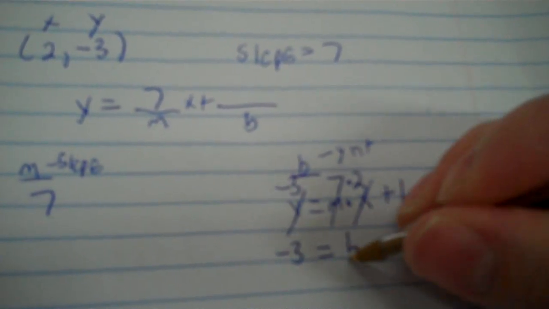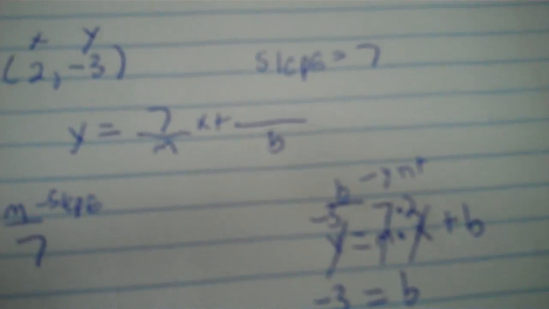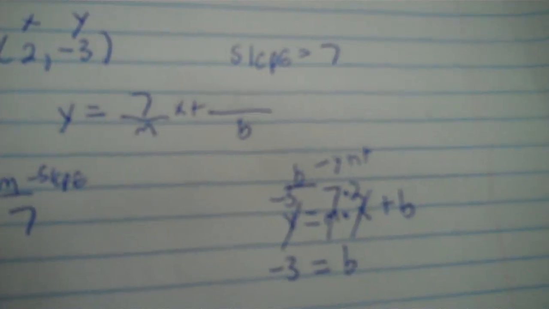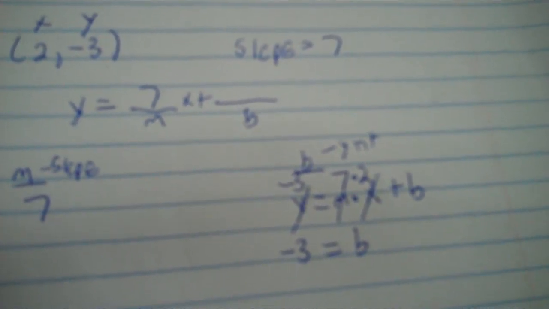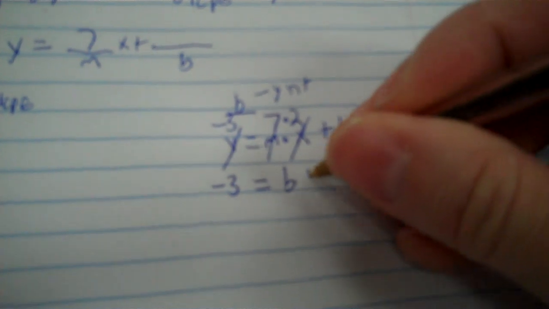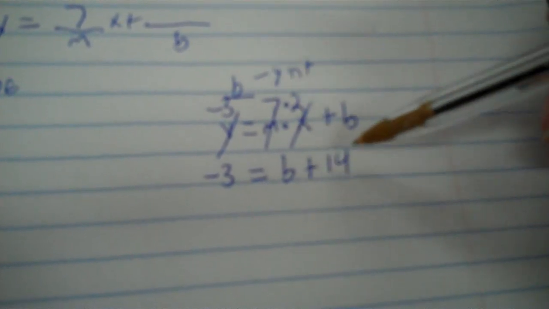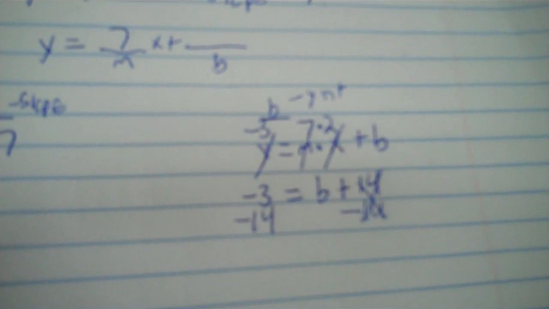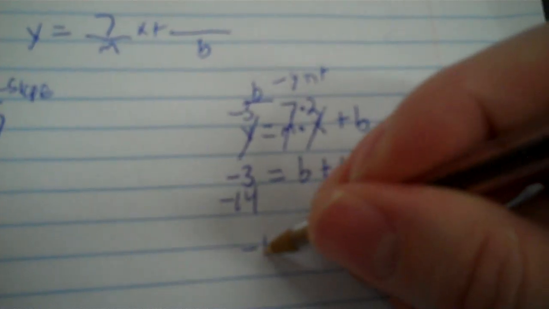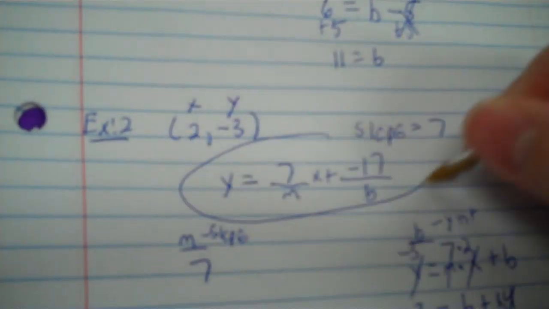Then write the b first, then find what 7 times 2 is. 7 times 2 is 14. It's positive 14, so I write plus 14 this time. If it's positive, you write plus. Negative, you're going to write minus. Then minus 14. So negative 3 minus 14 is negative 17 equals b. That's your answer.